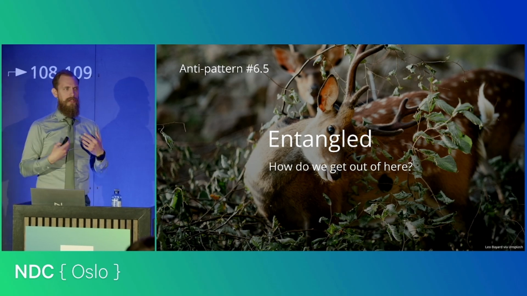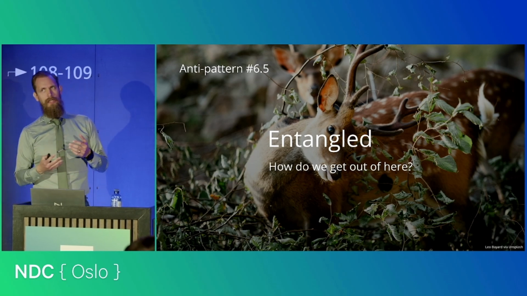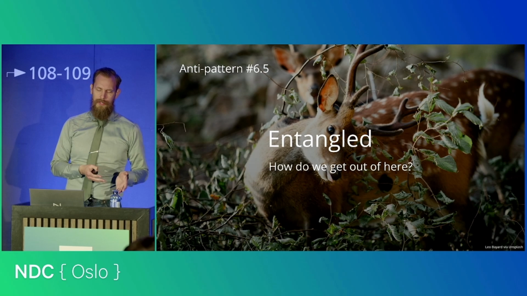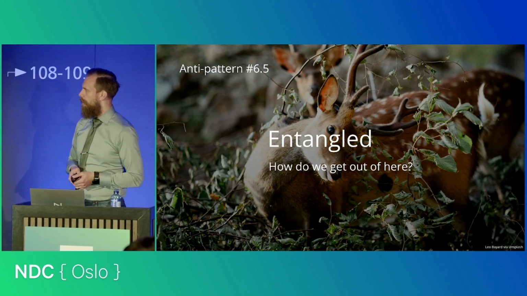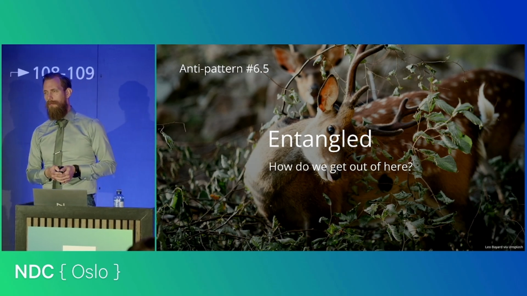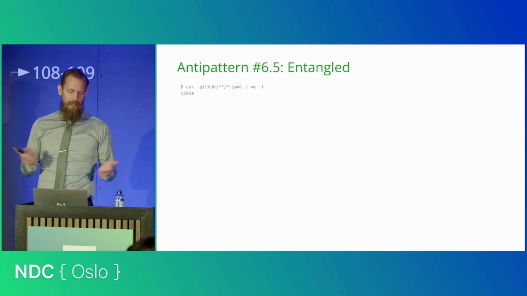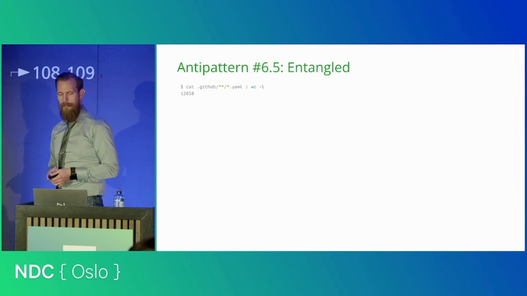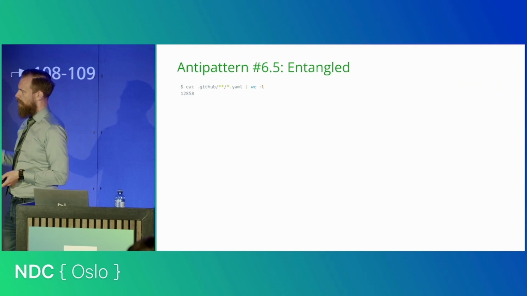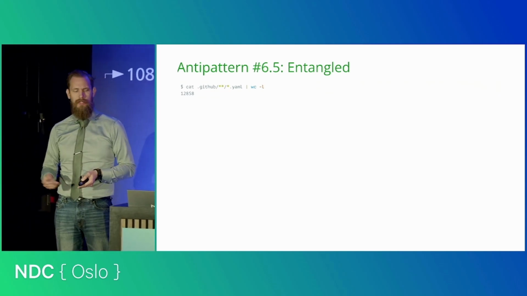So if you have a huge software project built in YAML on Azure DevOps, and then you want to switch to GitHub, you have some work to do. As an example, just check how many pipeline files you have, and how many lines of code are in your pipeline definitions.